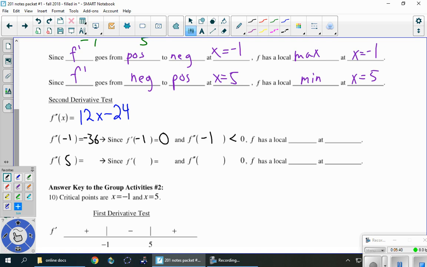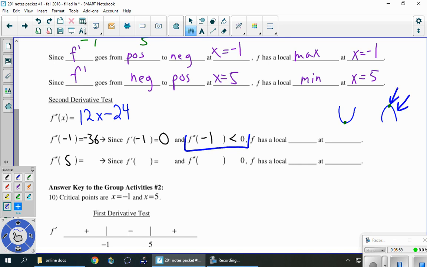And now I'm just thinking about my two basic curves, one concave up, one concave down. I'm just trying to figure out which one I have. In one case, the green point is a min, in the other, it's a max. So this f double prime being negative at the green point tells me concave down, which tells me this picture, which tells me max. So f has a local max at x equals -1. And then we'll plug 5 into the second derivative.